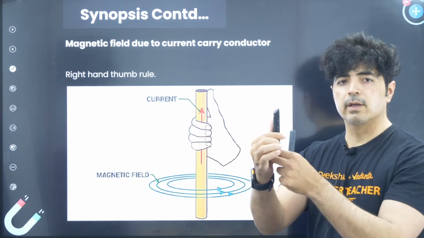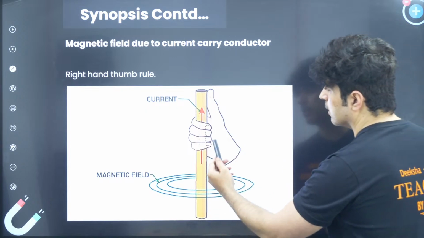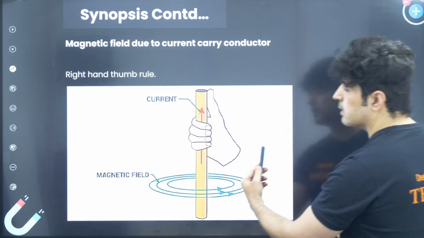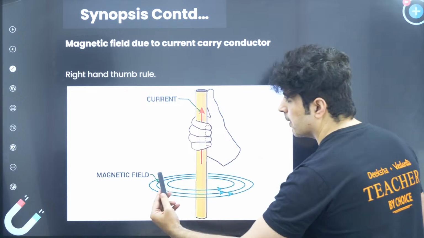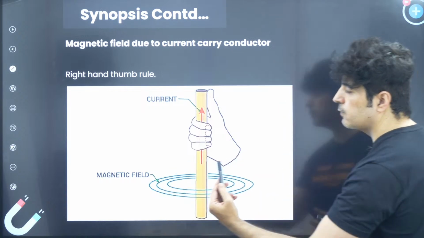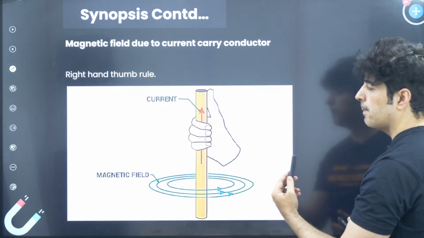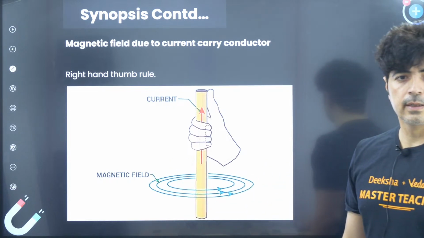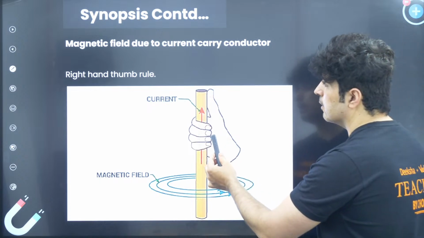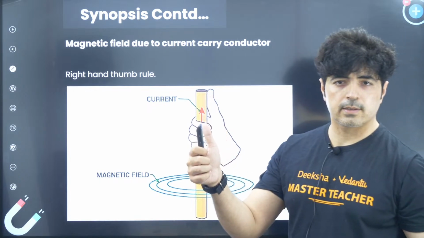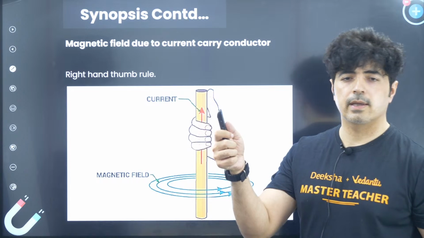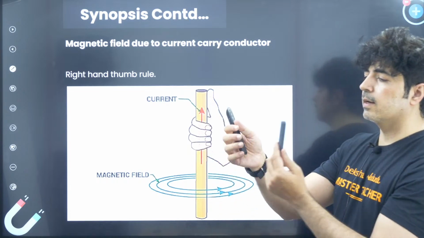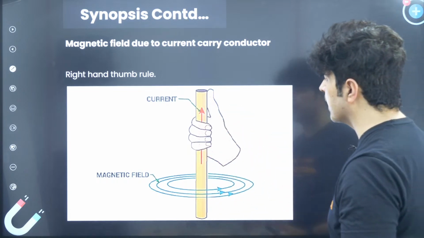The direction in which your fingers curl is the direction of the magnetic field. So you take your right hand, thumb in the direction of current, curl your fingers, and this curl of your fingers gives you the direction of the magnetic field.